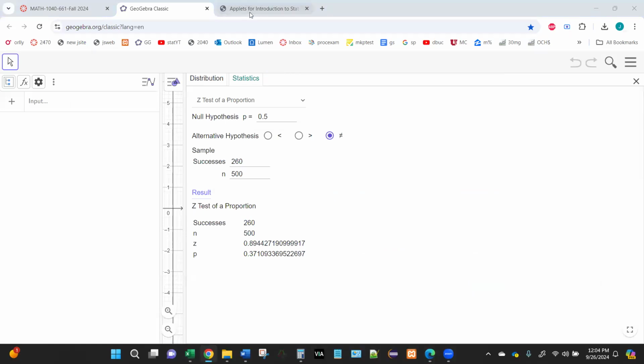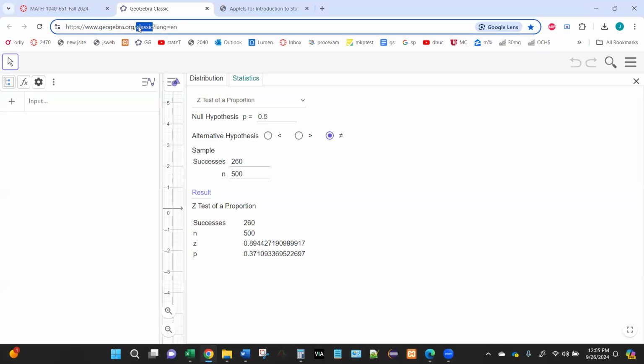The thing about GeoGebra, they have lots of different products, lots of slightly different calculators, and it seems like several students this semester have been working with the wrong calculator. If you're working with the wrong calculator, it will not have a stats panel on it. So you really want to make sure you're using the one that says classic here.